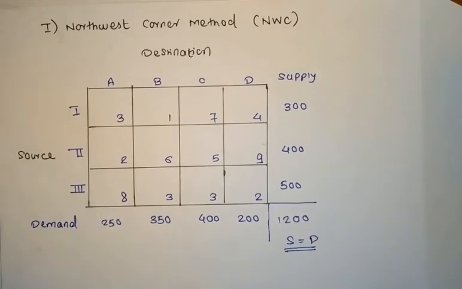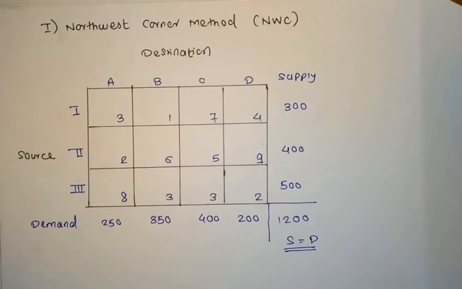As the first step to solve a transportation problem, we have to check whether total supply equals total demand. Here the total supply is 300 plus 400 plus 500, equal to 1200.